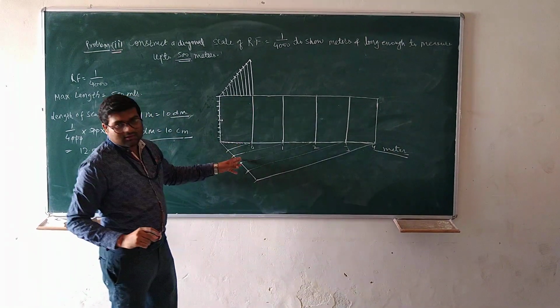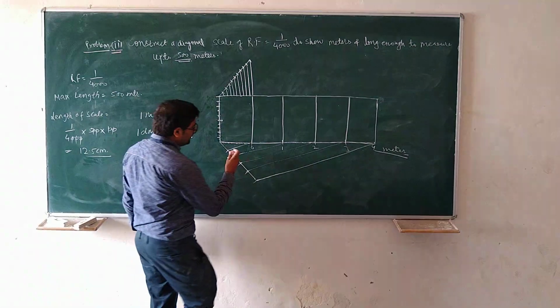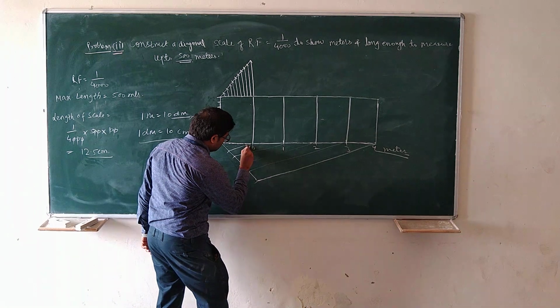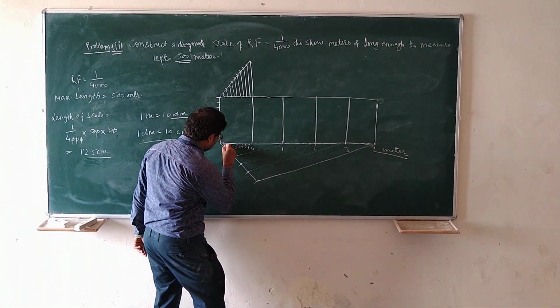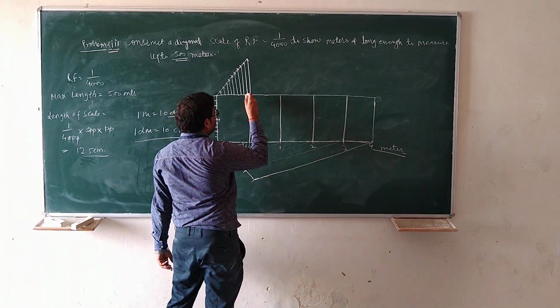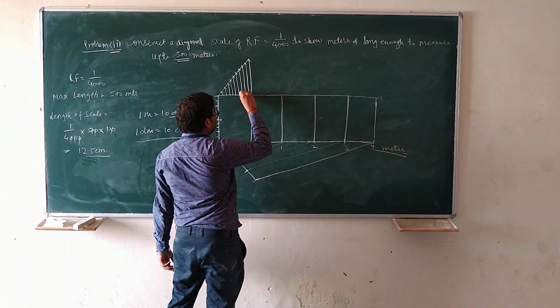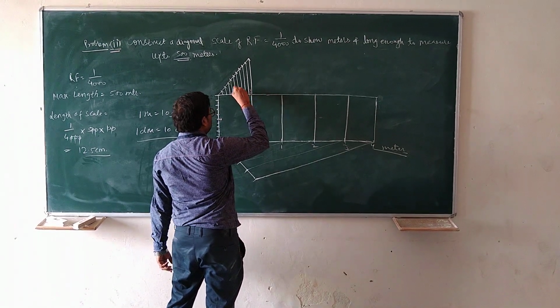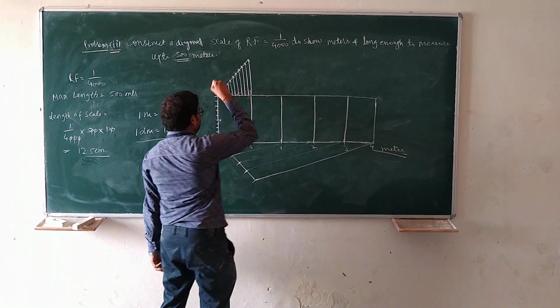These points are marked here with the help of the scale, and we mark this 1, 2, 3, 4, 5, 6, 7, 8, 9, 10, and we mark this 1 dash, 2 dash, 3, 4, 5, 6, 7, 8, 9, 10.